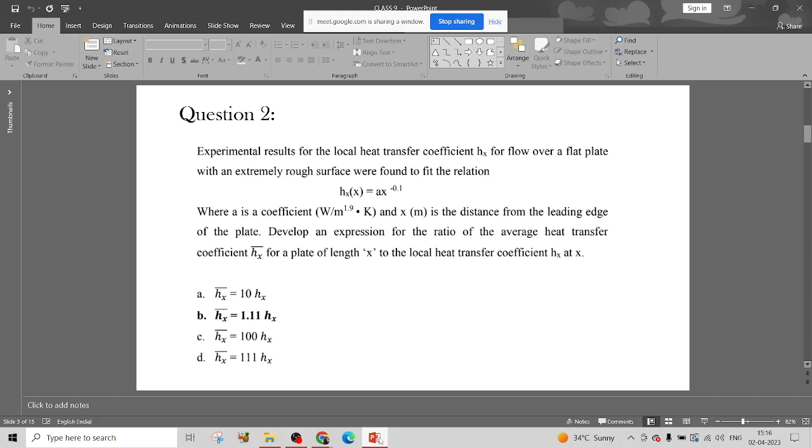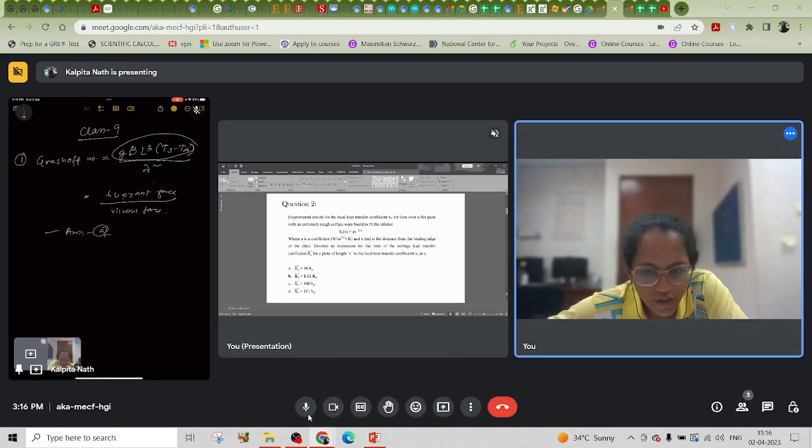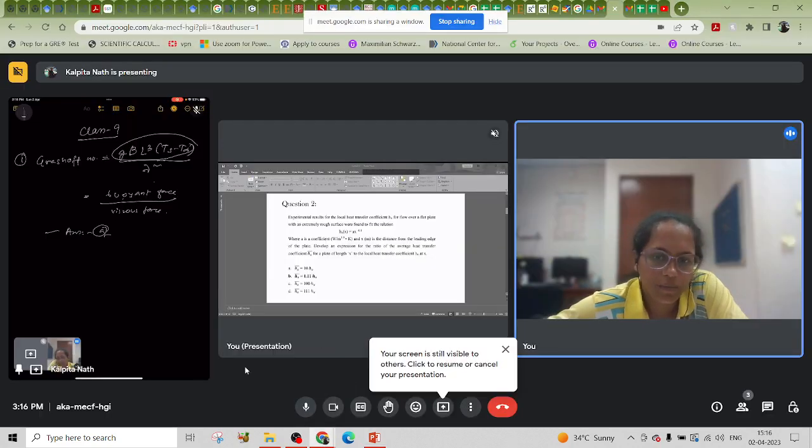We have to find hx bar in terms of hx, that is, the average heat transfer coefficient in terms of the local heat transfer coefficient. I'll give you 5 minutes to solve this question, as it is a numerical problem, and then we'll go on with the solution.